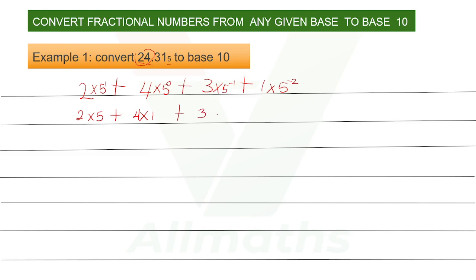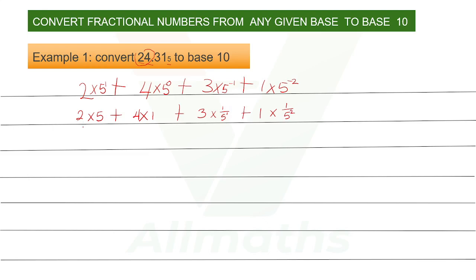The law of indices explains that when the power of a number is negative, it is the same as taking the reciprocal of that number. So instead of 5 raised to the power of -1, we have 1 over 5 raised to the power of 1. We apply that same law to the other side, meaning that instead of 5 raised to the power of -2, we have 1 over 5 raised to the power of 2. The negative is gone by reciprocating 5. It's a law of indices.